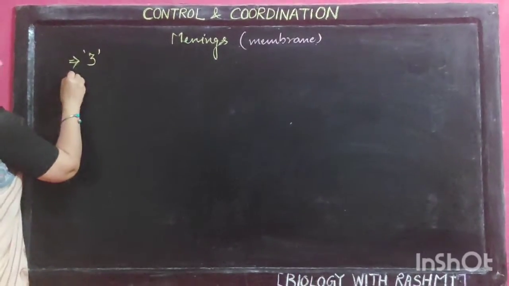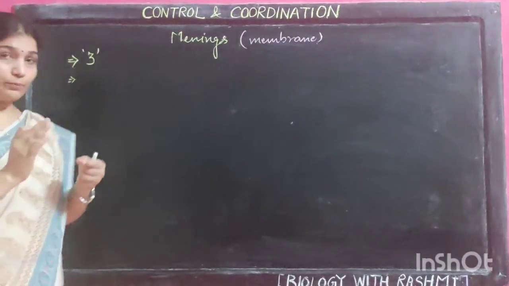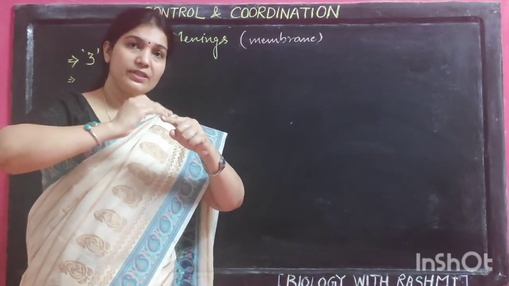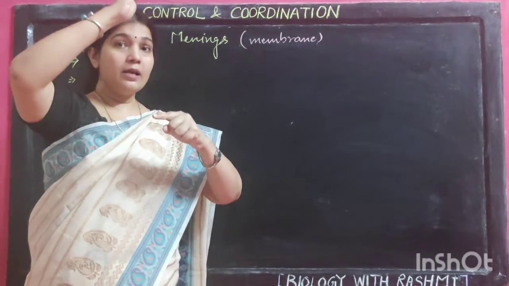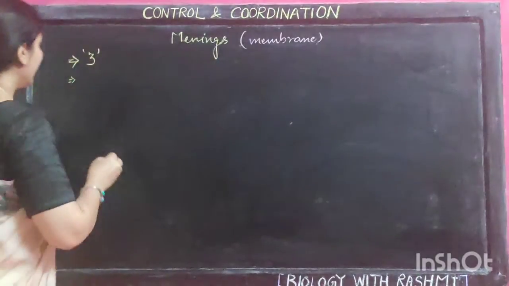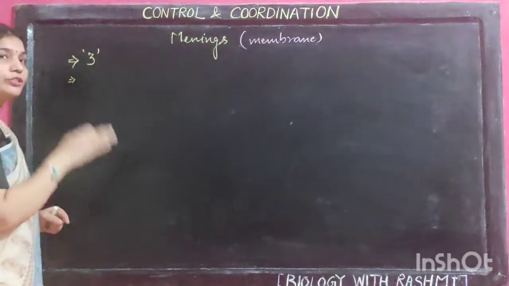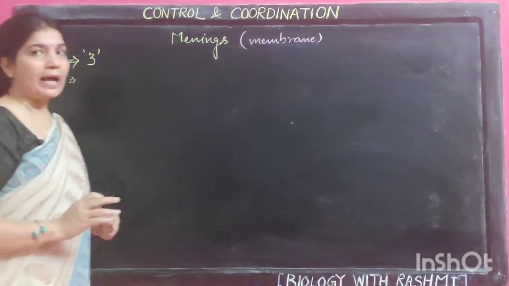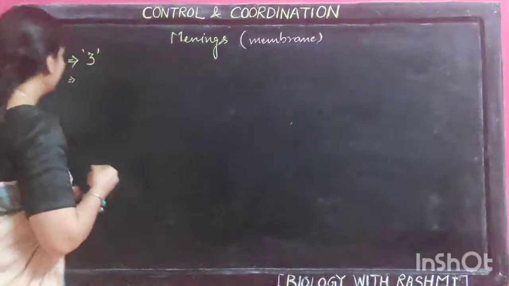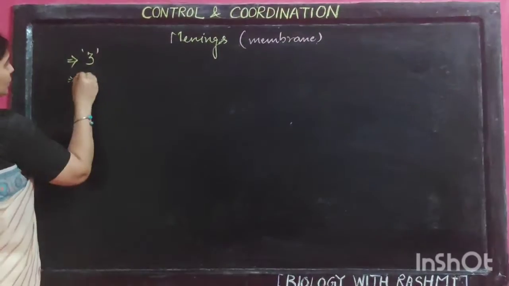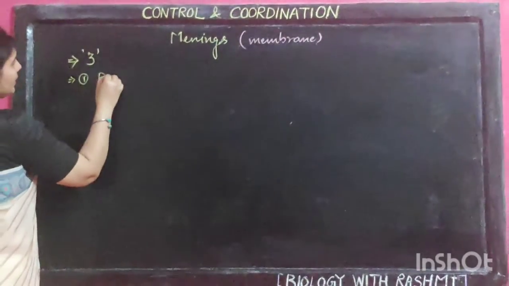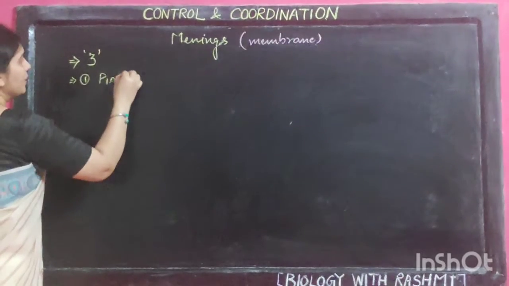And the names, once I'm moving from the central nervous system towards the cranium: here you can see, the innermost layer or membrane is known as pia mater. So the first one is pia mater.